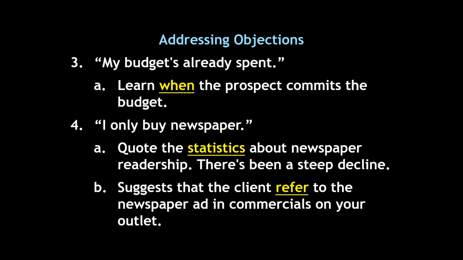Now, if a client still insists on using newspaper advertising, one thing you can do is suggest that the client refer to the newspaper ad in the commercials on your outlet. So let's take the example of a supermarket that puts out a weekly flyer in the Sunday newspaper talking about the sales that are going on at the store that coming week.